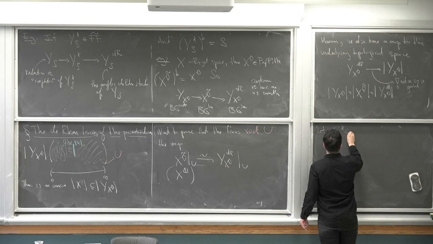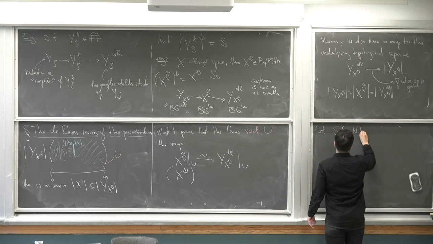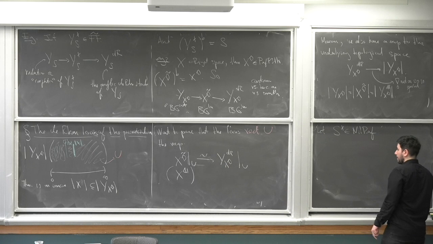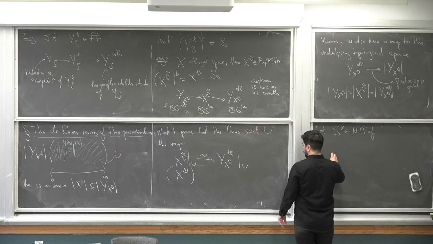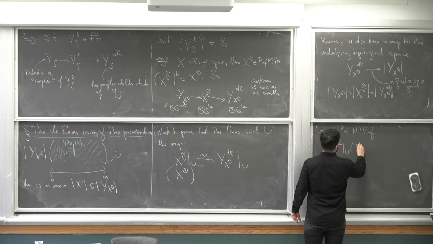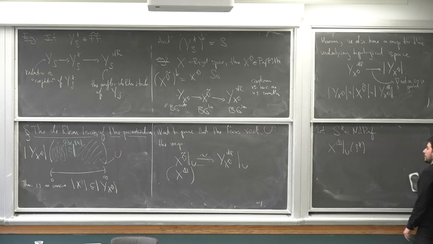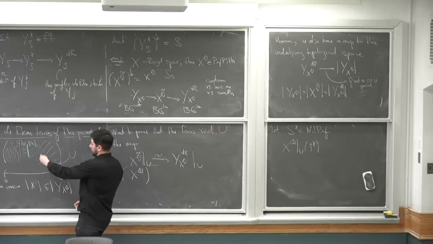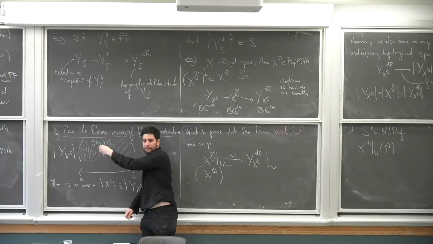Let us take this perfectoid. Then, again, what is this? We just remove the Frobenius orbit of the divisor that is defined with X.